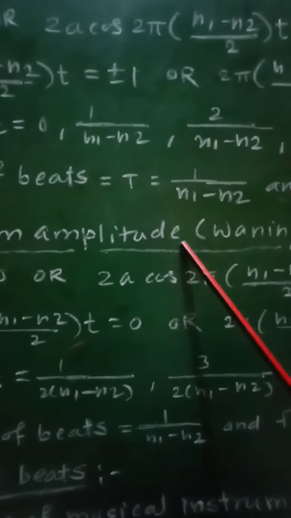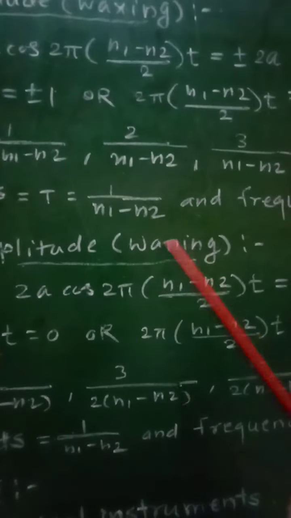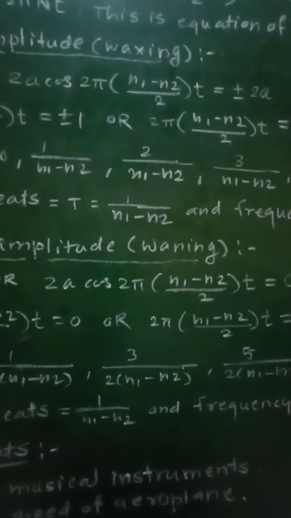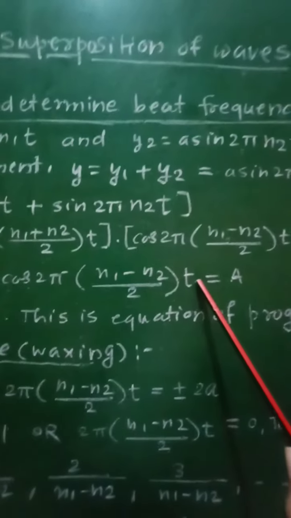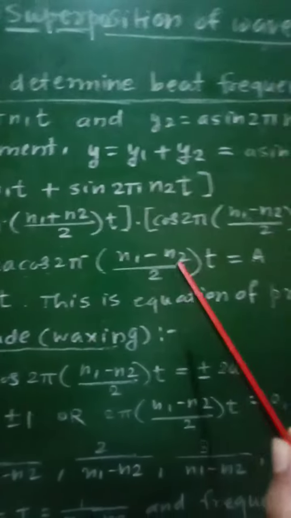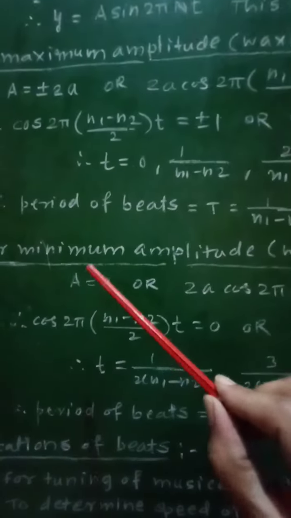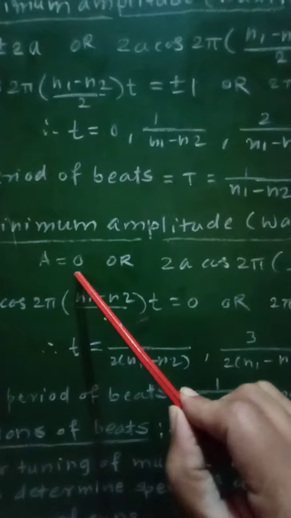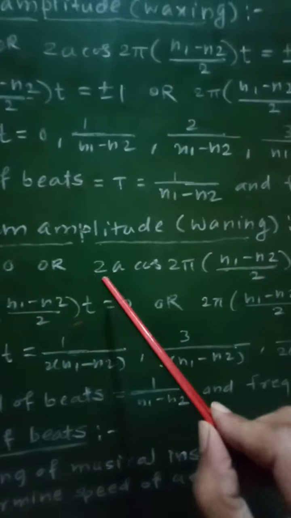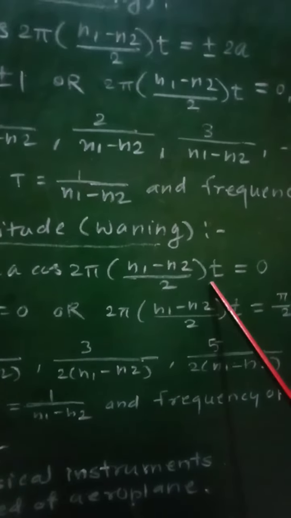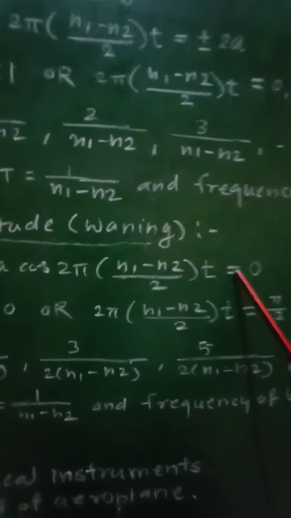For minimum amplitude, that is waning. So for this waning, the value of this A must be equal to 0. So its minimum value will be equal to 0, and therefore we can say that for minimum amplitude A must be equal to 0, or 2a cos 2 pi (n1 minus n2) upon 2 into t must be equal to 0.